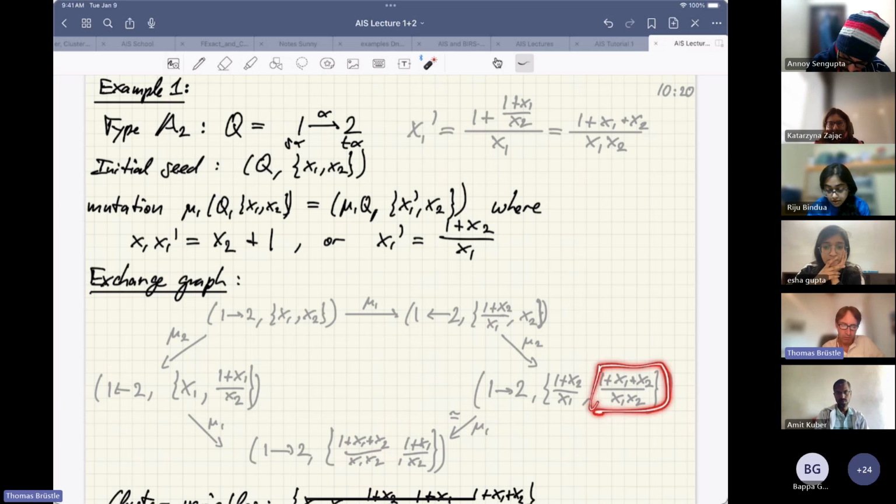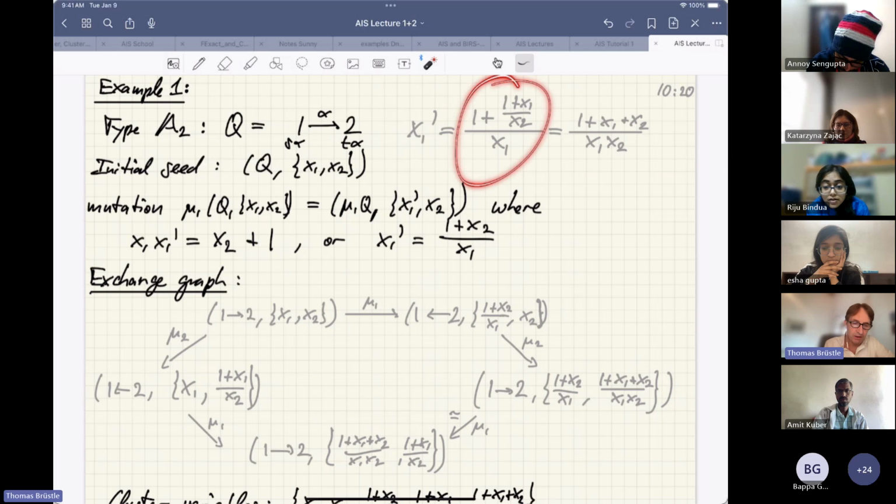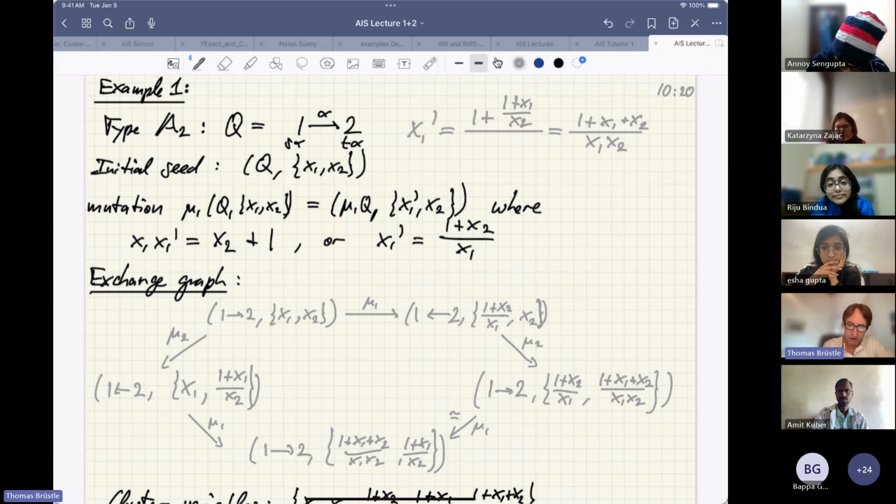So this variable will stay here, no worries, that's good. And what happens to the other variable, the first one, which needs to be mutated? The first one is going to be computed as something called x1 prime, and this will be 1 over this variable. So my calculation up here will change. I now have to compute 1 over this. So this is 1 over 1 plus x2 over x1. You see that?